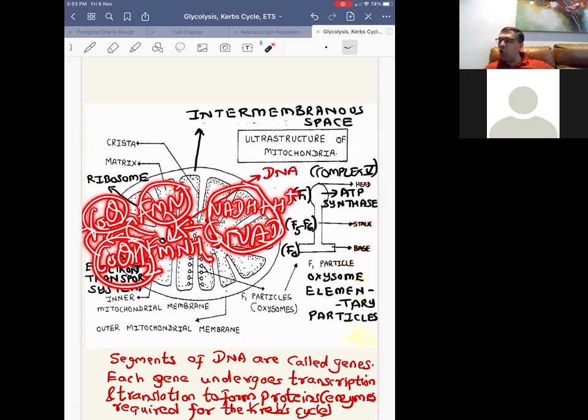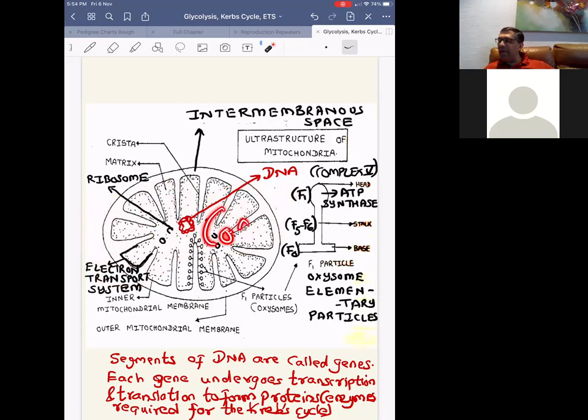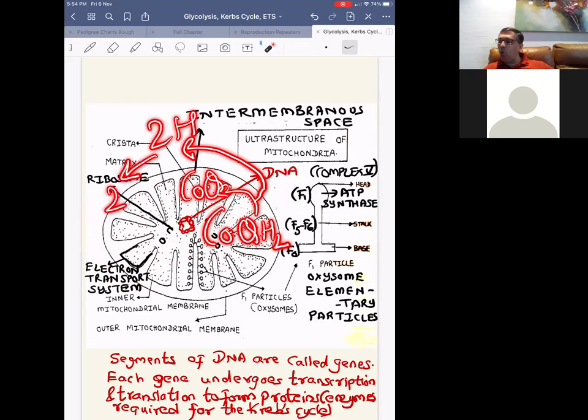Now coenzyme QH2 will again become coenzyme Q, and the two hydrogens will now split to form protons and electrons, of which protons will remain in the matrix, but electrons will pass into the inner mitochondrial membrane, where they will pass through electron acceptors.